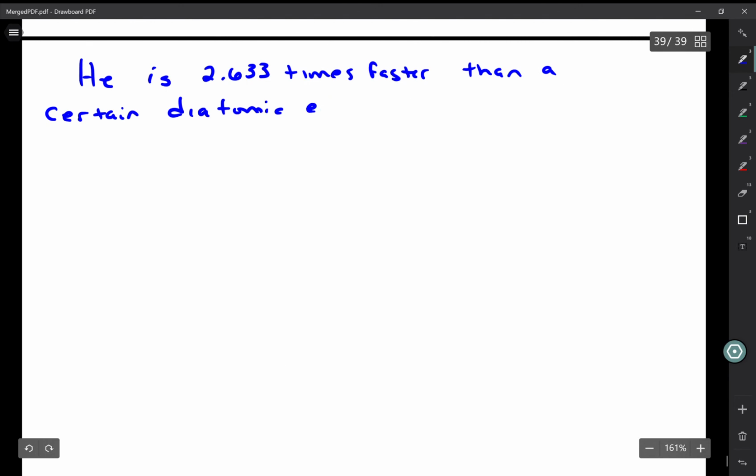Make sure I spell element right. Okay, so find this element.